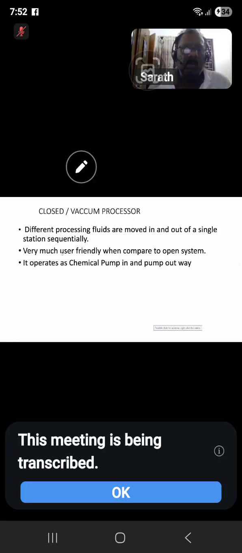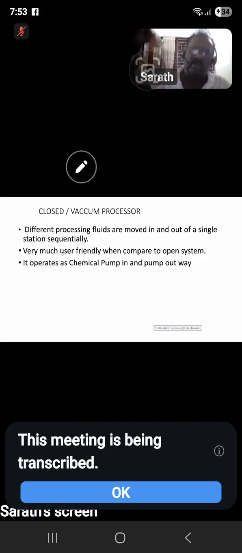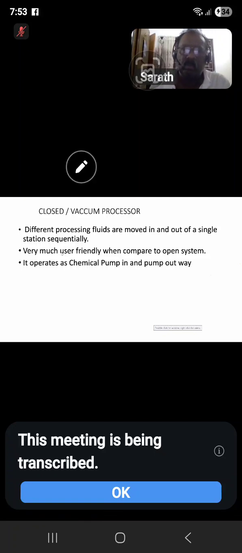Now, that's the main difference between the closed system and the open system. In the open system, the whole set of cassettes transfers from one container to the next container. Likewise, it completes the rotation through the 12 containers. But in the closed system, it's different. The samples are kept inside the machine. The first solution is pumped into the cassette carrier.